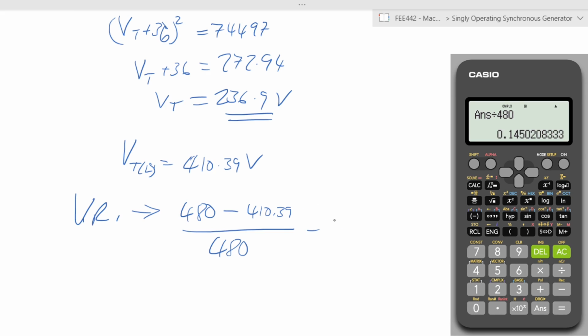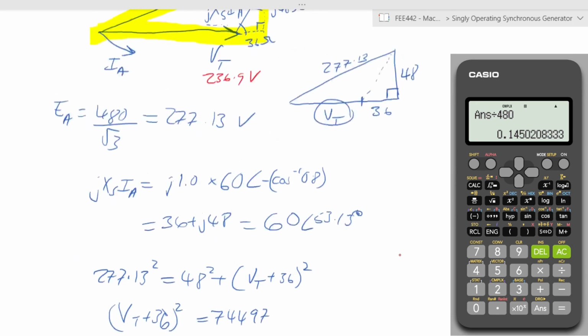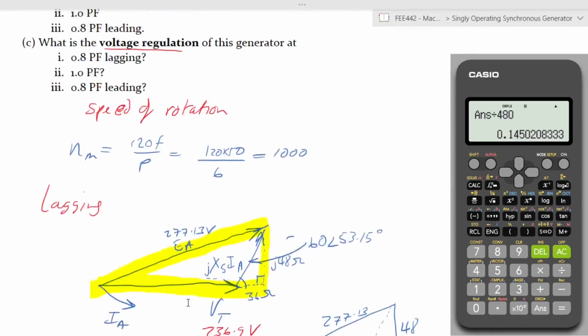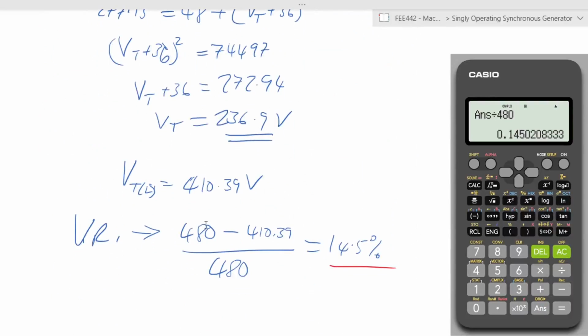So it means that our voltage regulation is 14.5%. Right? So that is when you have a lagging load at 0.8 power factor, it gives you a terminal voltage of 410, that's the line voltage, at a voltage regulation of 14.5%.